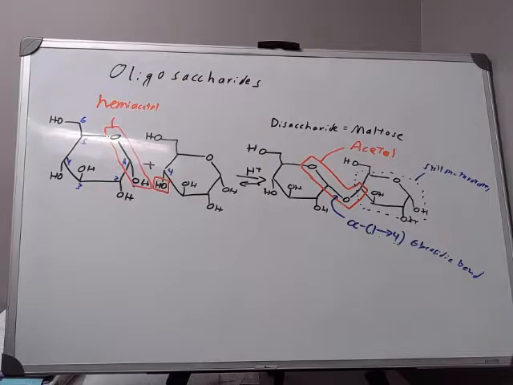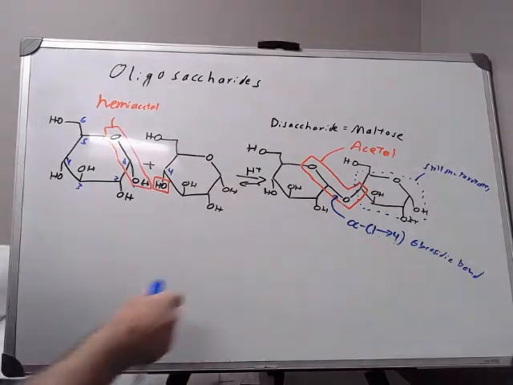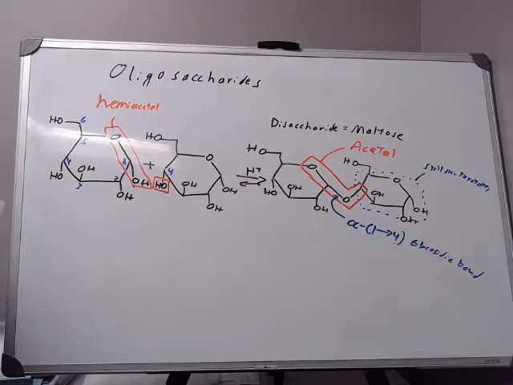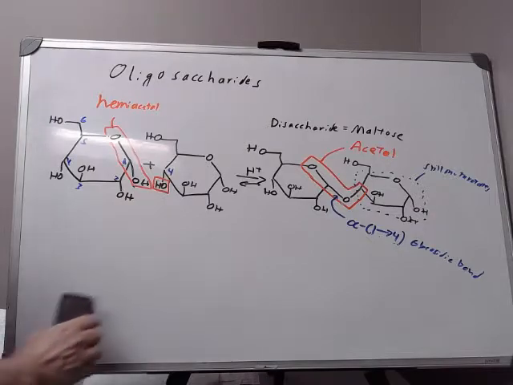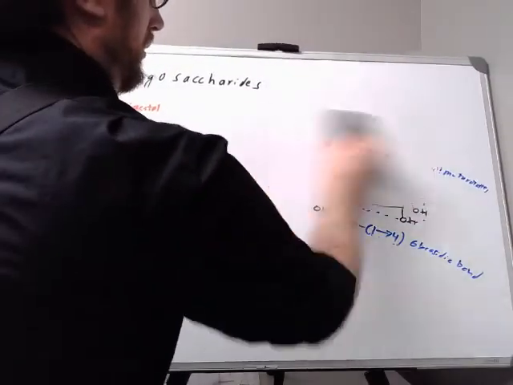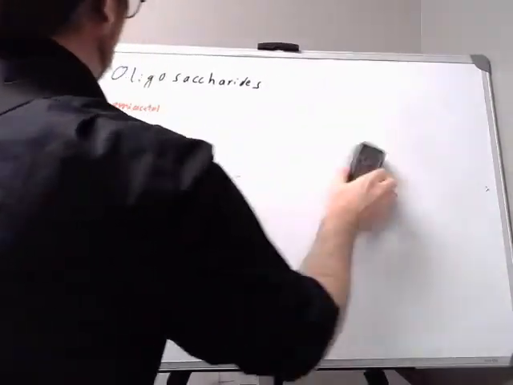But if we replace this alpha 1,4 glycosidic bond with a beta 1,4 glycosidic bond, we get a different disaccharide. And so I'll show how that looks.